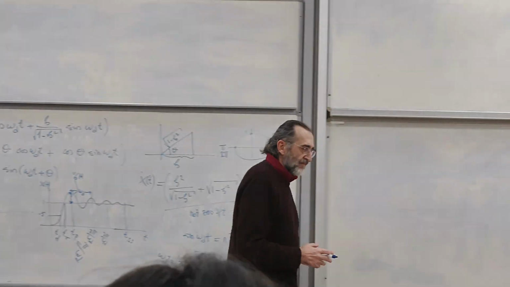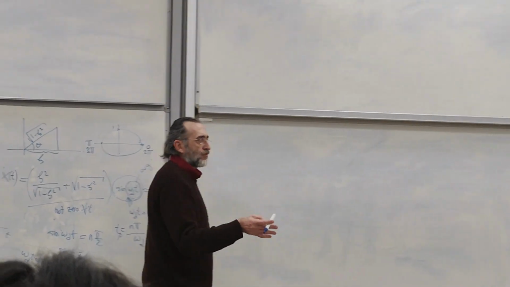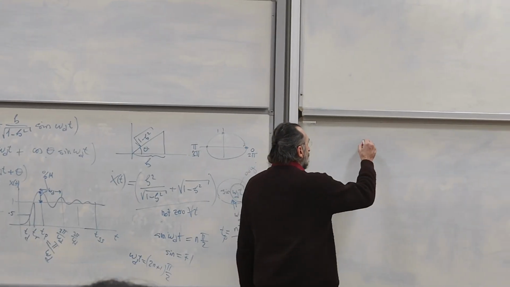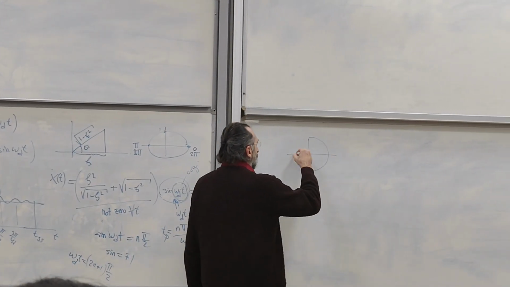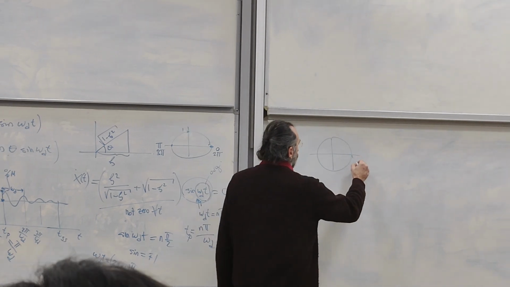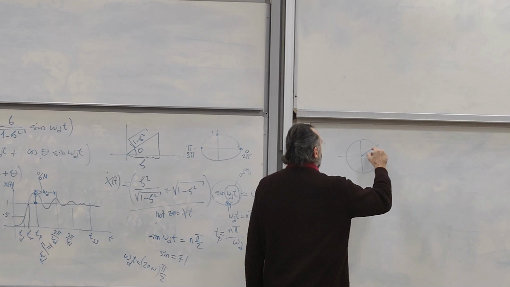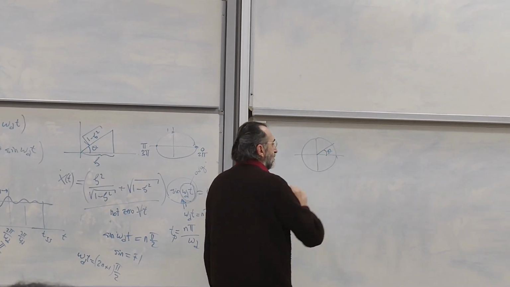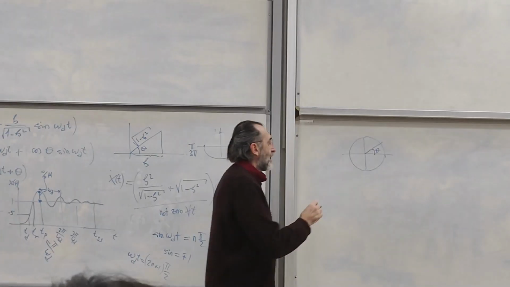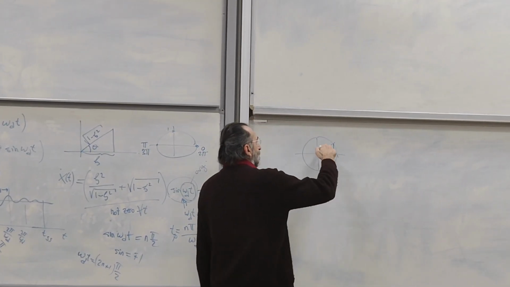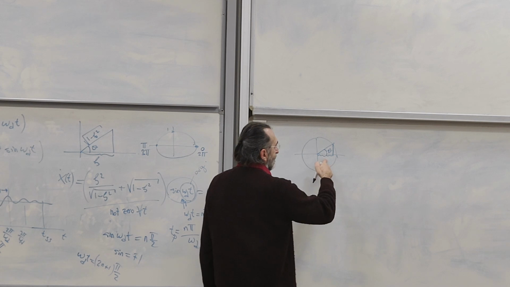Just as an introduction to frequency dynamics, we're going to go into it probably 2 weeks from now. Now look. On the unit circle, the radius is equal to 1. Take any angle theta. Cosine of theta is this divided by that, right?